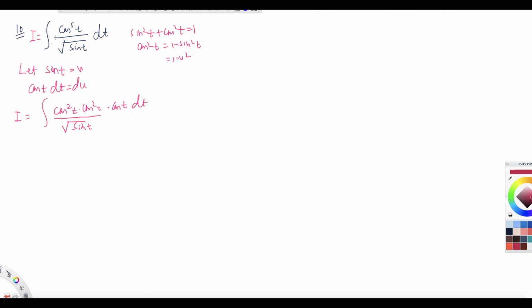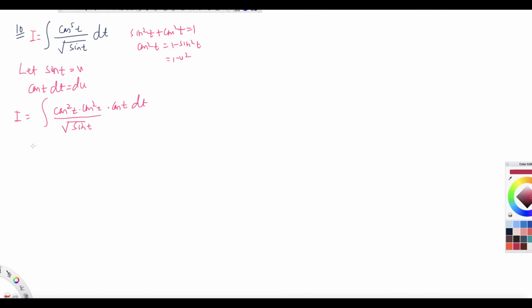But if you write cosine to the 4th t as cosine to the 4th t times cosine t, then you don't know the direct formula for cosine to the 4th t. We know cosine squared t is 1 minus sine squared t, but cosine to the 4th t, you don't have a direct formula. That's the reason I did a product of three things: cosine squared, cosine squared, and cosine t.